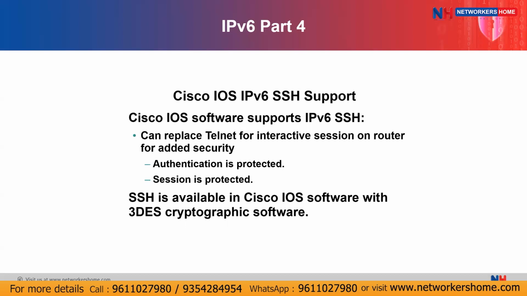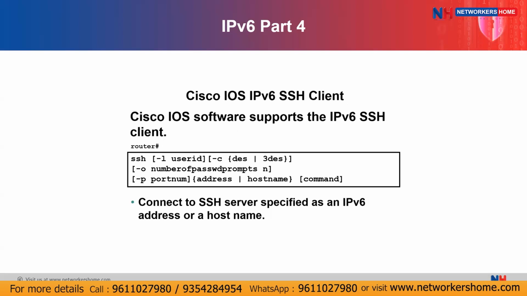Here it is authenticated and properly encrypted. SSH is available in Cisco software with the 3DES cryptographic software. And once we have enabled SSH, these are the options for login. In every such way we can take remote login through SSH.